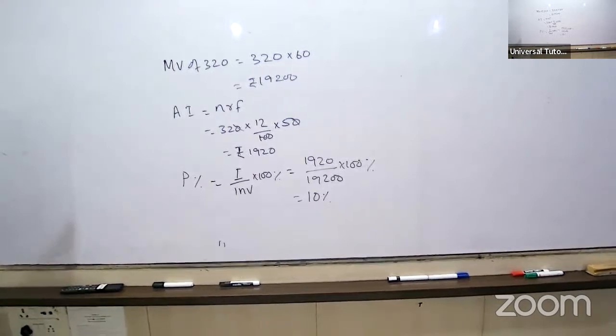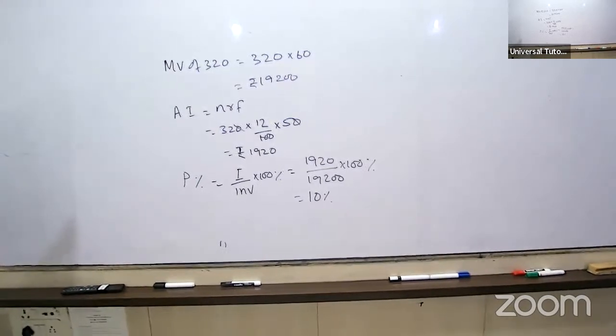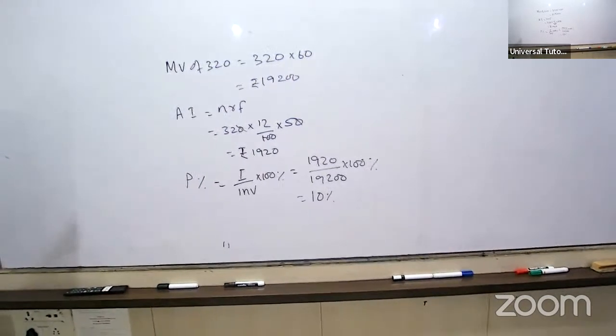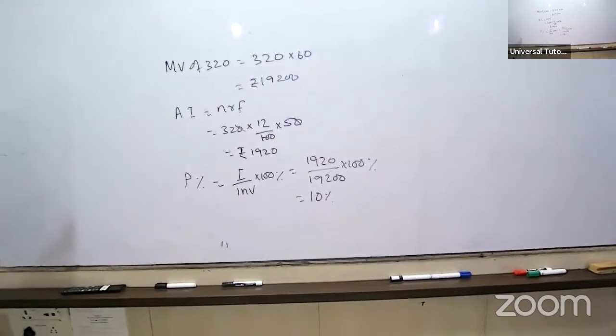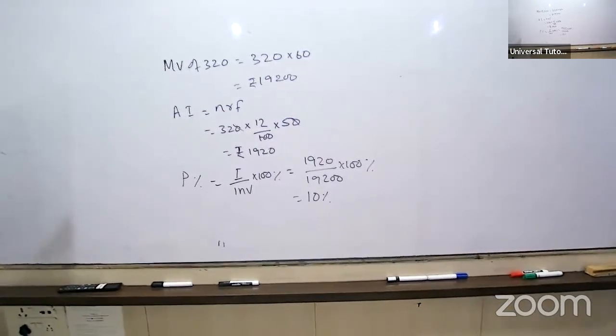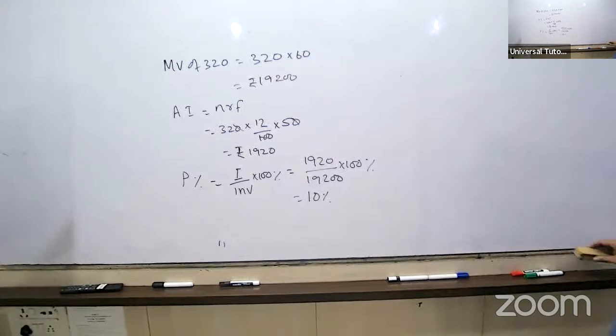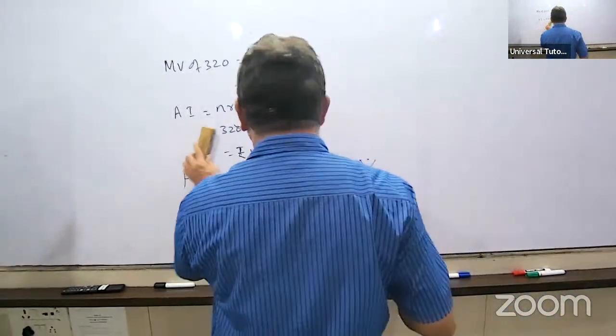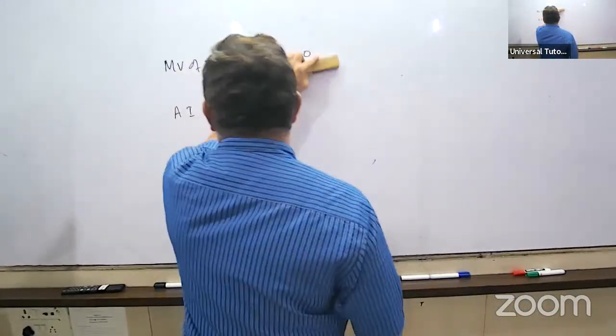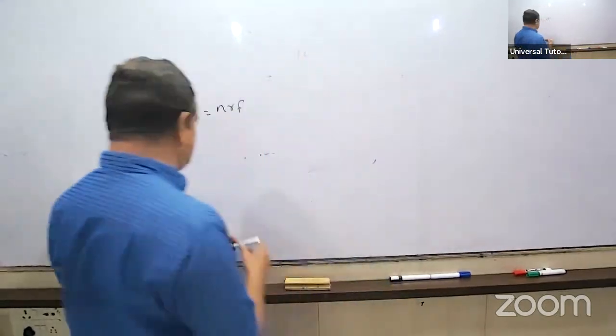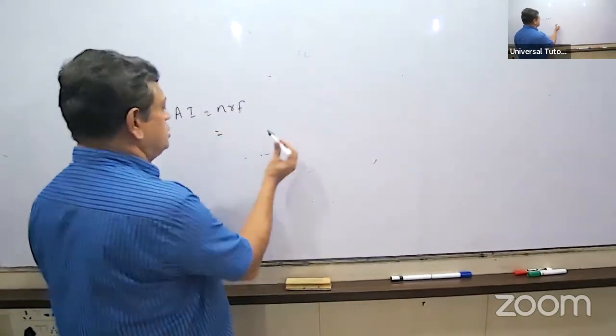Okay. So write down. Number of shares 300. Face value 50 rupees. Then next is rate of dividend 20%. Therefore, annual income is equal to N into R into F. N is how much? 300.